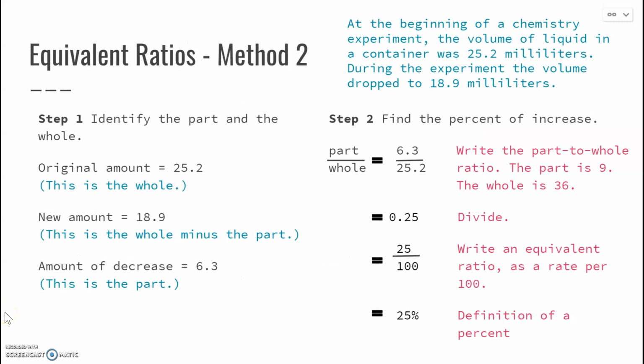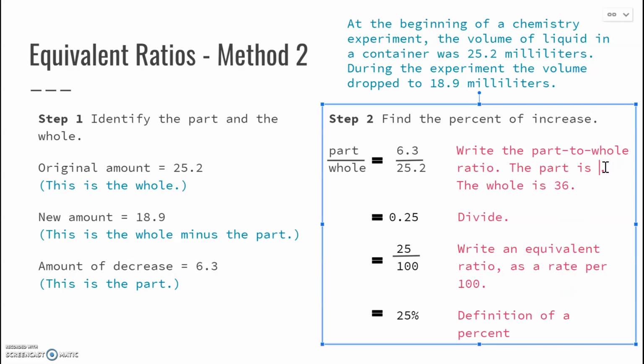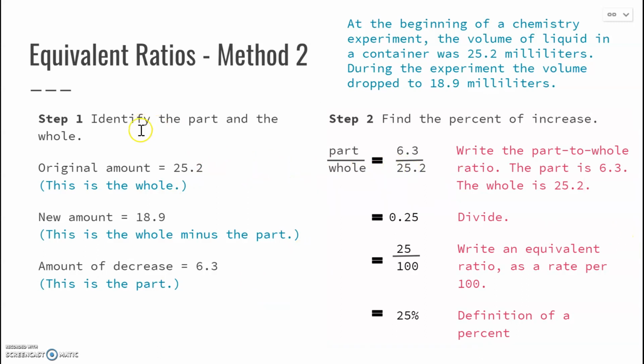We can also do ratios. So I put the story up there in blue. I forgot to change a couple numbers. All right, so identify the part. Our whole is the 25.2. Our part is the 6.3 decrease.